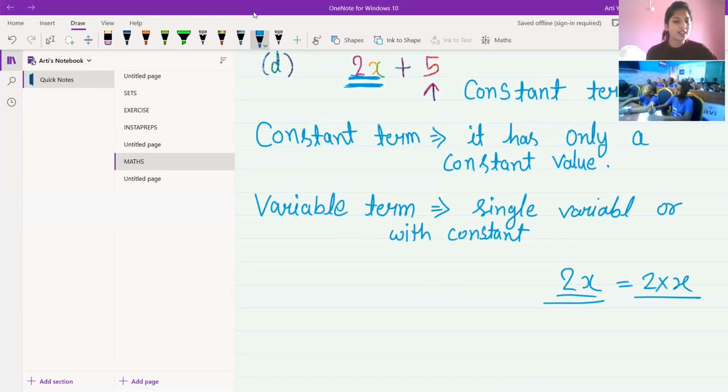And if there is only x plus 5, then x will be the variable term and 5 will be the constant term. If there is any number with x or y or whatever the letter is, that will also be a variable term.